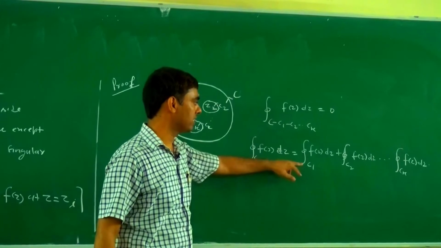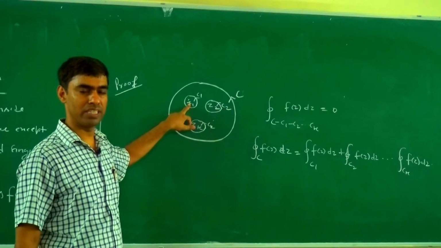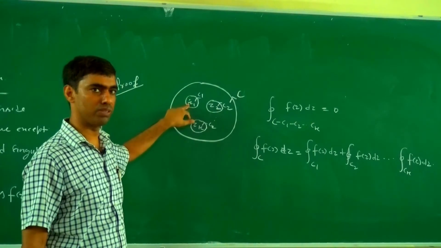Now, if you closely observe, inside C1 how many singular points are there? One singular point, an isolated singular point.